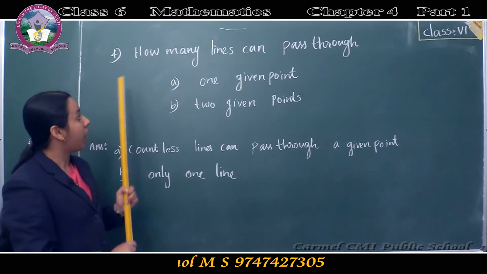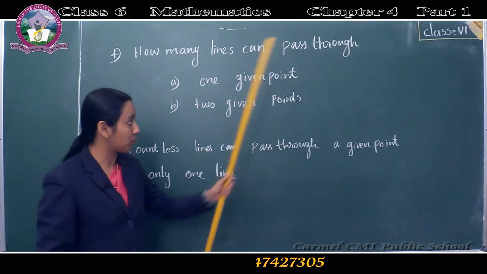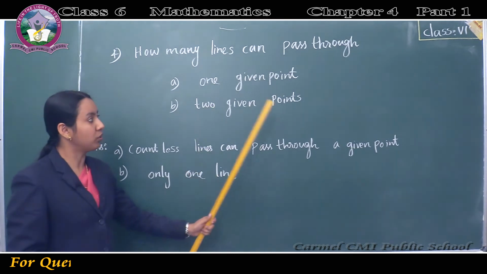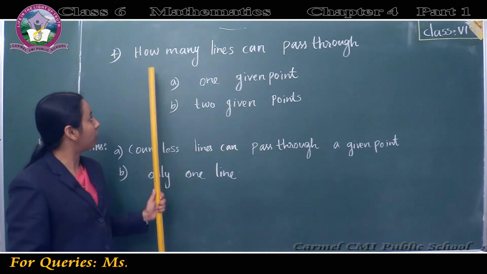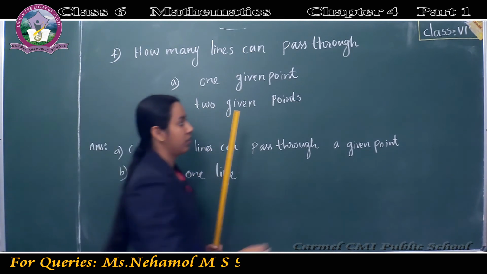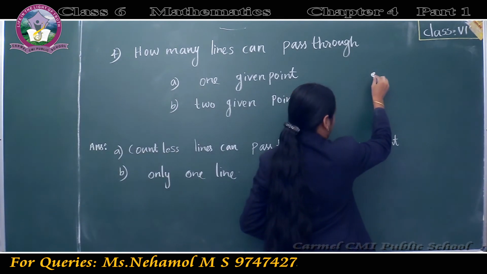Fourth question, how many lines can pass through a given point, and through two given points? First, how many lines can pass through one given point? Suppose one point is there.